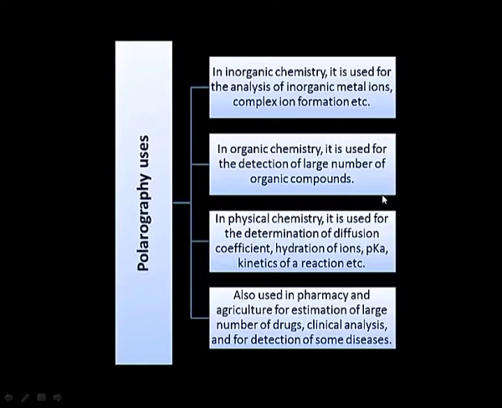In physical chemistry, we can use this technique for the determination of diffusion coefficient, hydration of ions, pKa, kinetics of a reaction, etc. And in pharmacy and agriculture, we can use this technique for estimation of a large number of drugs for clinical analysis and for detection of some diseases.